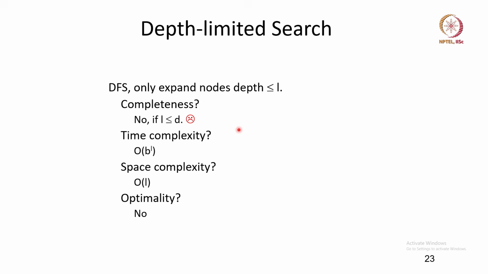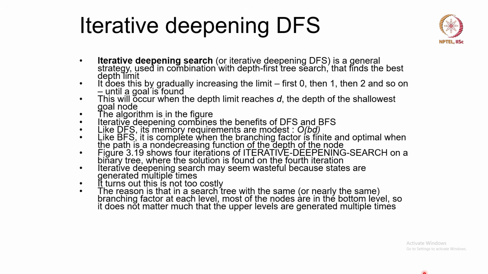Is it complete? No, if L is less than D, you may not be able to get the solution. This is the time complexity, and the space complexity depends on L, and you are not sure whether it is optimal or not.